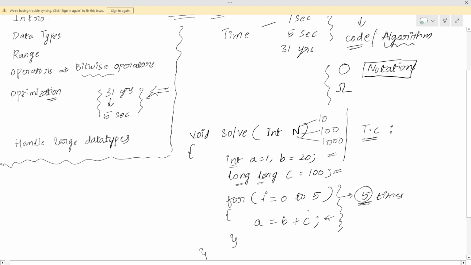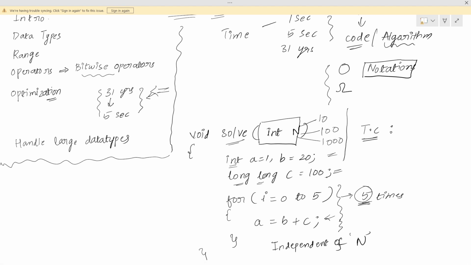So you can clearly check that this for loop, or this solve function, is independent of n. Whatever input you are passing, it is not being used in this code.